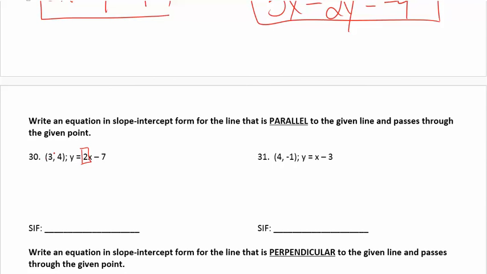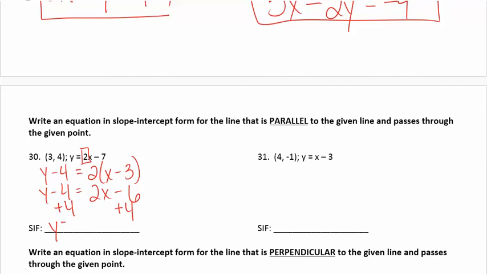So we use the point (3, 4) and we use the slope 2 to get y minus 4 equals 2 times x minus 3. When we distribute, y minus 4 equals 2x minus 6, add 4 to both sides, and you get y equals 2x minus 2.